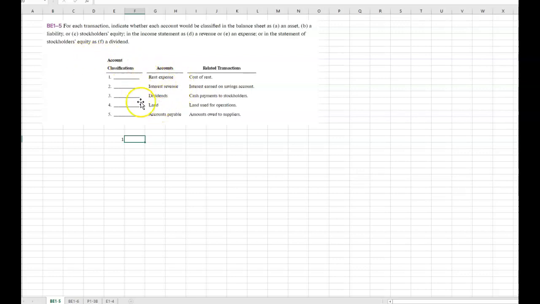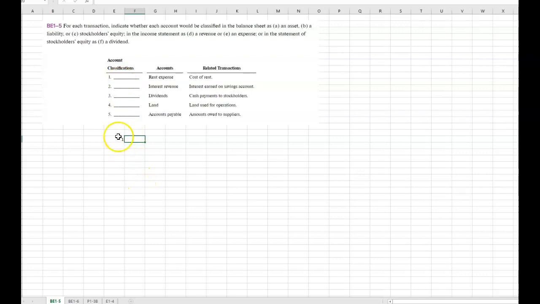We want to classify each of these types of accounts. What financial statement is it on, and what type of account is it? So it tells you right here that the balance sheet includes assets, liabilities, and stockholders' equity. The income statement is revenue and expense, and the statement of stockholders' equity is dividend.